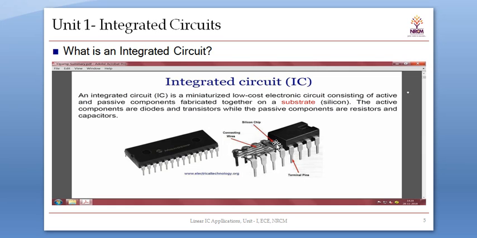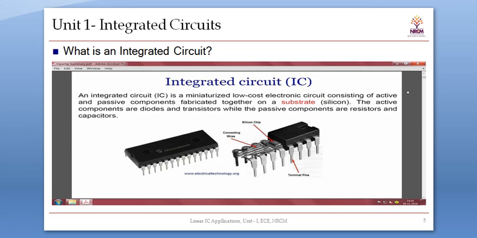On this silicon chip or substrate, you can fabricate active or passive devices, up to 1 million devices. So this is the inside view of an integrated circuit.